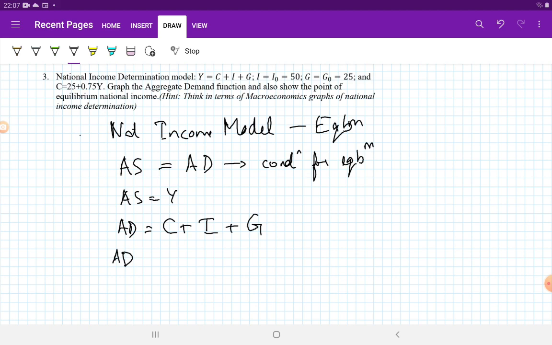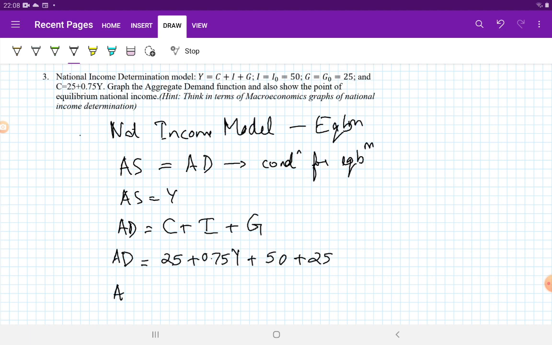Remember, I am supposed to solve this and find the equilibrium national income in terms of the graph, which is why I am taking this method. So instead of C, I am going to write the function 25 plus 0.75Y, that is a specific functional form, plus I, which will be autonomous investment I naught, which is 50, plus G, and we know that G is equal to G naught, that is autonomous government expenditure, which is 25.